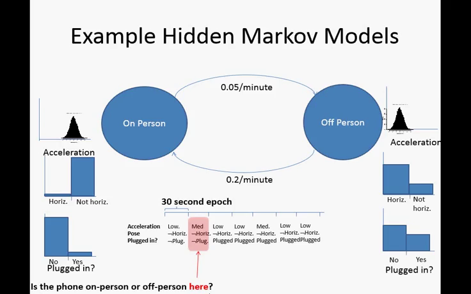So they may be in an on-person state, for example, or they may be in an off-person state. In more sophisticated classifications, this may involve different postures that they're in, or different health behaviors within a broader set. And we want to classify a person at a given time point with respect to the state that they're in.